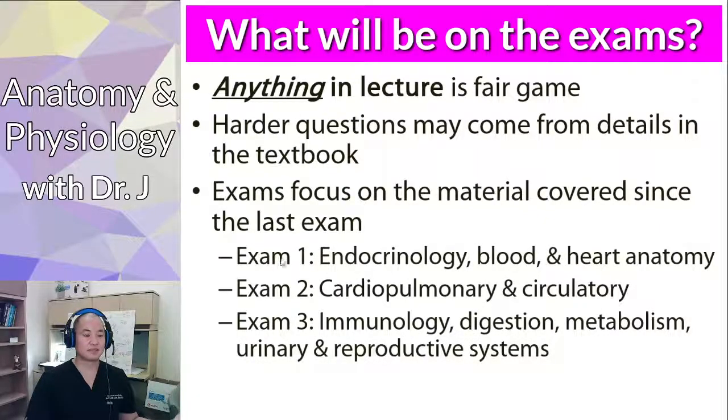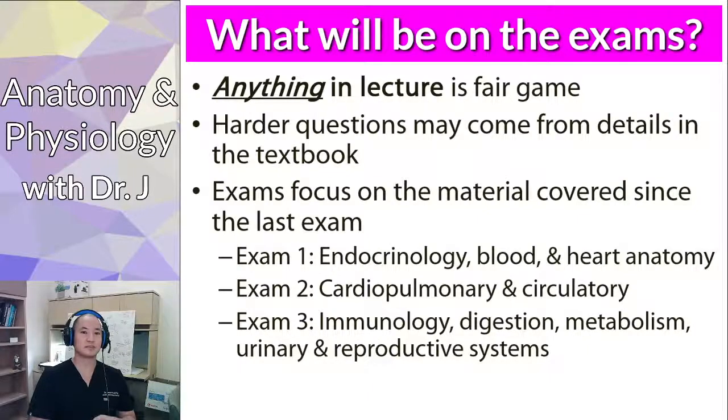Now, what you see is that exam 1, unit 1, is pretty much hormones and blood. And now think about this, this semester is kind of tricky because we have spring break, and we have a lot of complex topics. So what I do is split the heart between general anatomy in exam 1 and then physiology in exam 2. Now exam 2 is cardiopulmonary, so your heart and lungs, and also your vasculature.